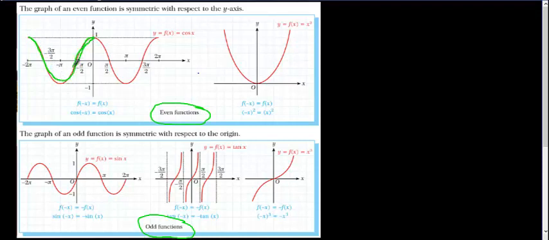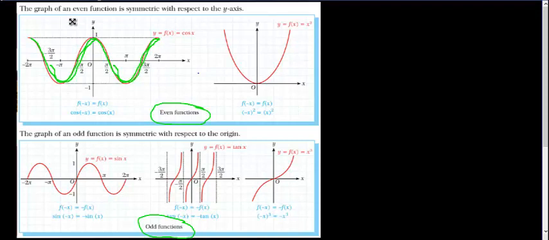When I draw the graph here, and I select this one, I copy the same one and put it here.